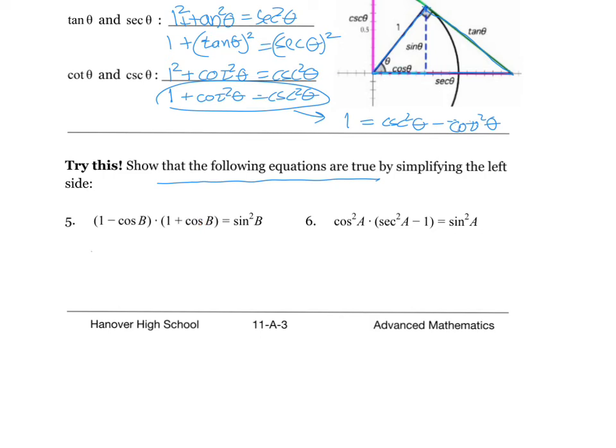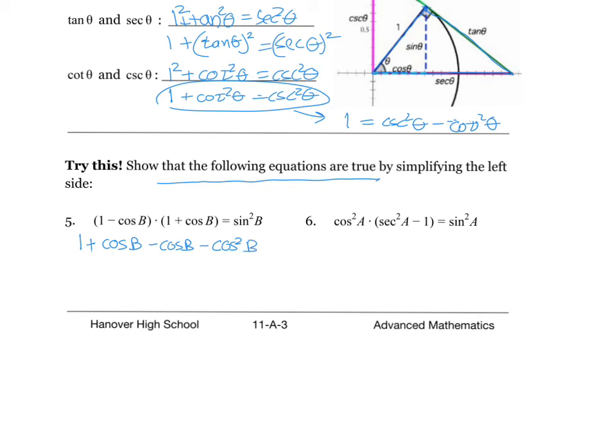The first product is going to be 1. The outer product is cosine of b. The inner product is minus cosine of b. The last product is minus cosine squared of b.